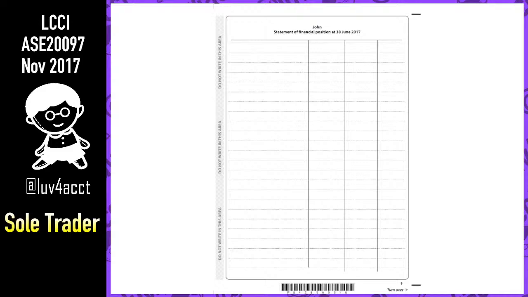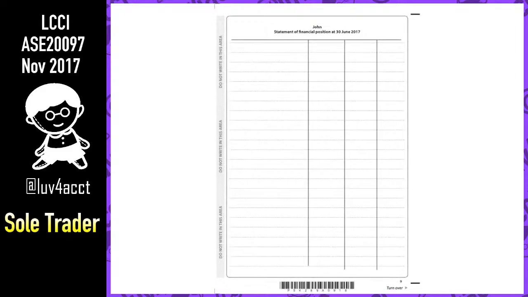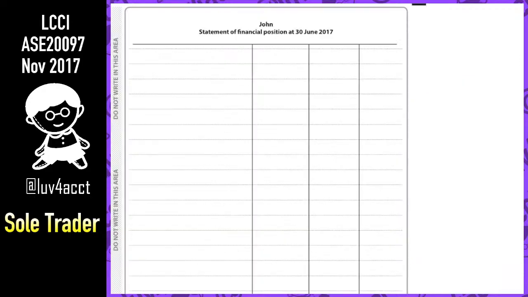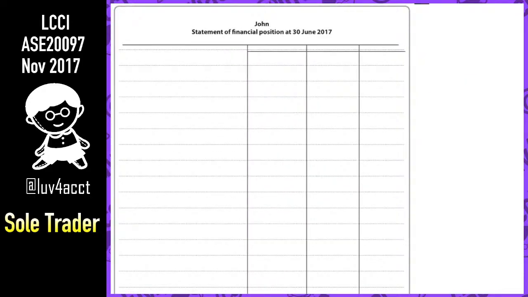We are given the cost and accumulated depreciation for both land and buildings and motor vehicles. So here, the cost, the accumulated depreciation, and also carrying value.